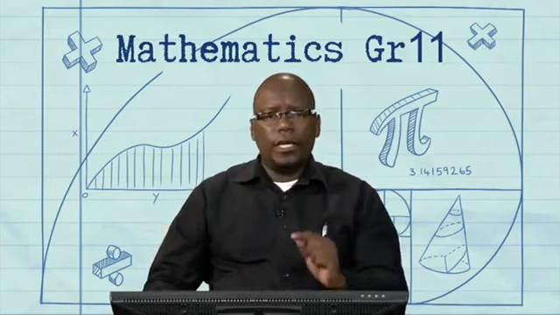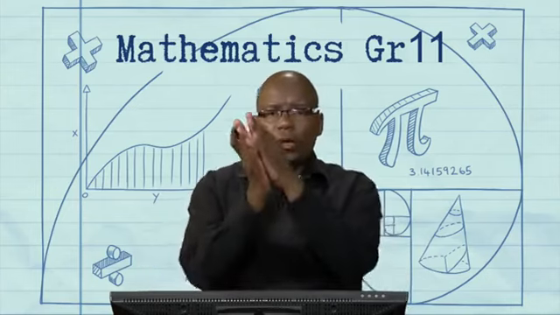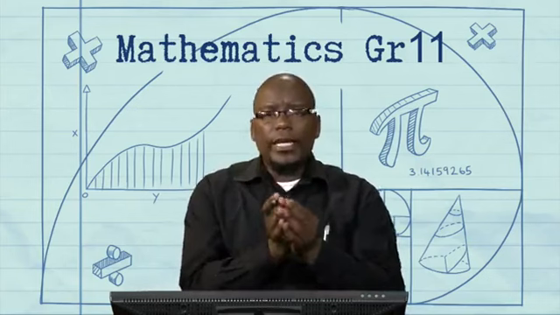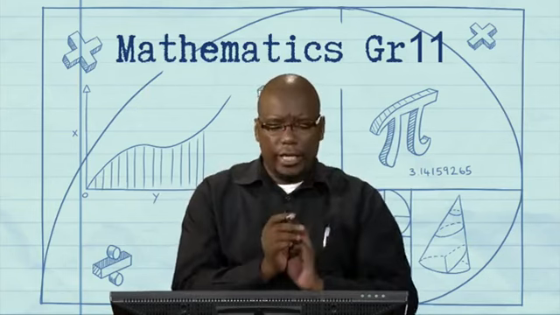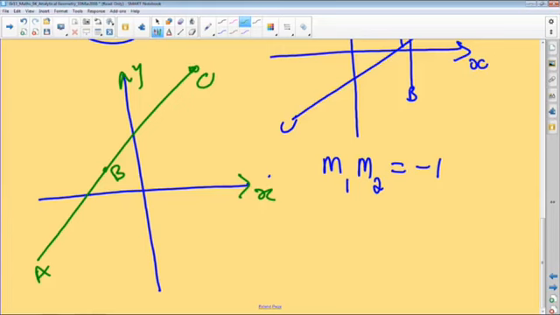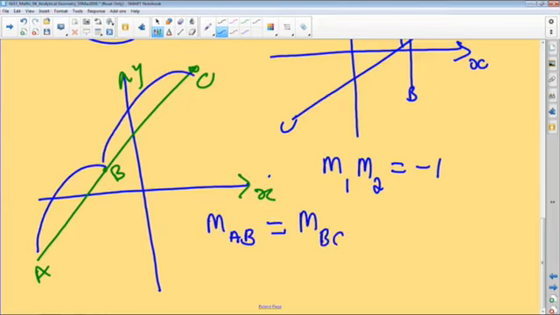How do you tell if they are collinear? If they are on the same straight line, it means that they will be sharing a gradient. What do I mean by that? The gradient of AB is going to be the same as the gradient of BC, and also the same as the gradient of AC.